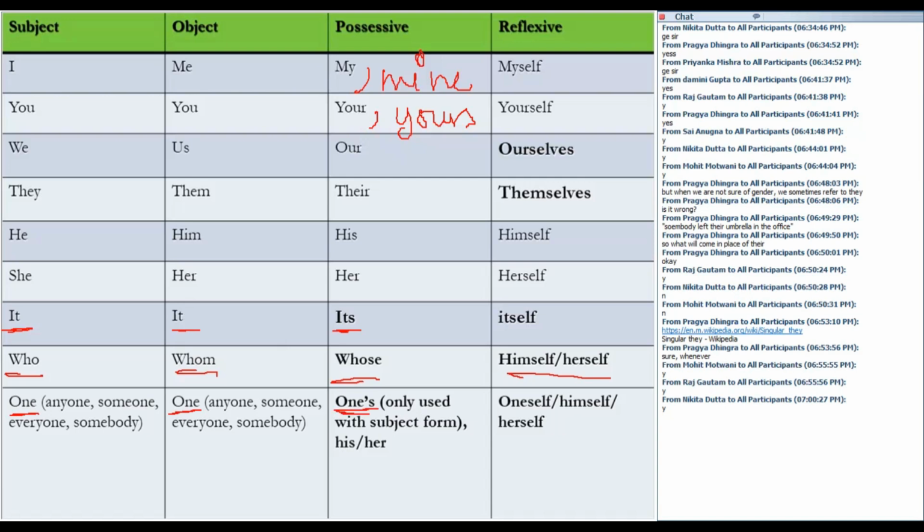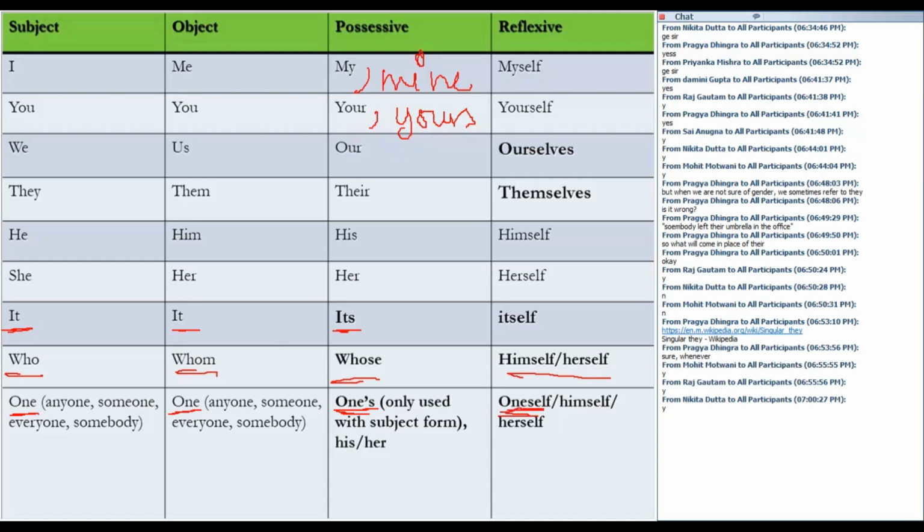You cannot say one should not fool himself, or one should not take his status for granted. That is wrong. You should say one should not take one's status for granted. So for one, the possessive case is always one's, and the reflexive case is always oneself.